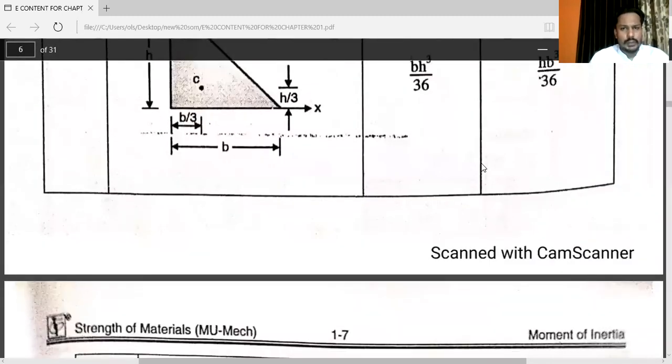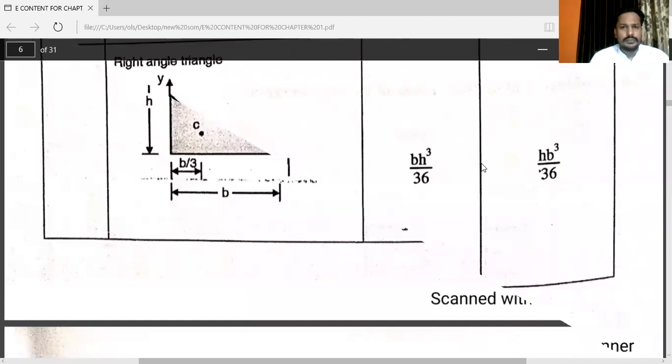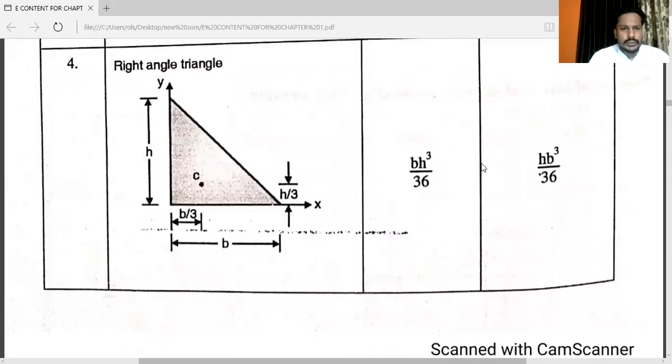See, just you have to refer to all the things very well. And in the next video, you will get the knowledge about numericals, and we will solve all the numericals, all the university problems also, in the next video.